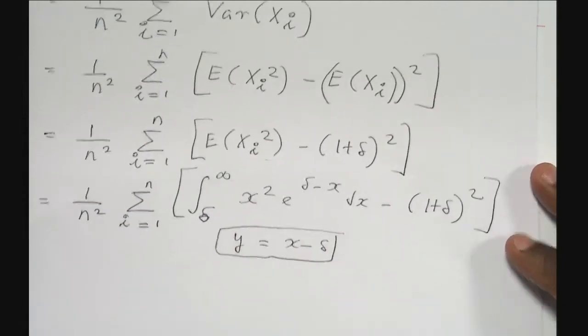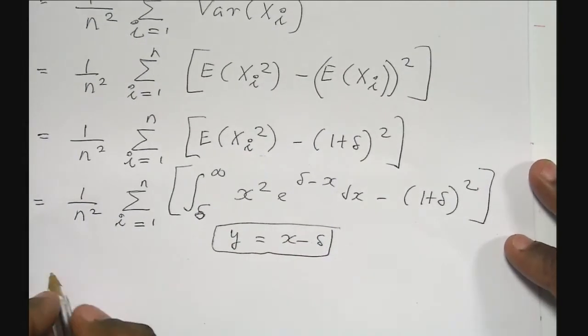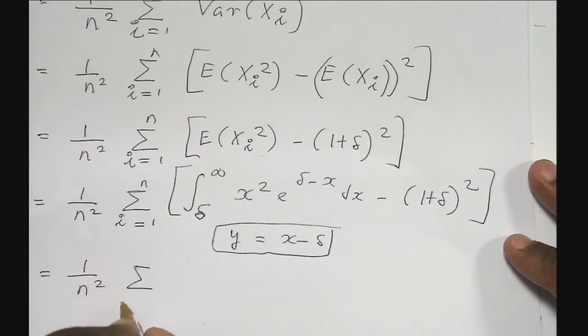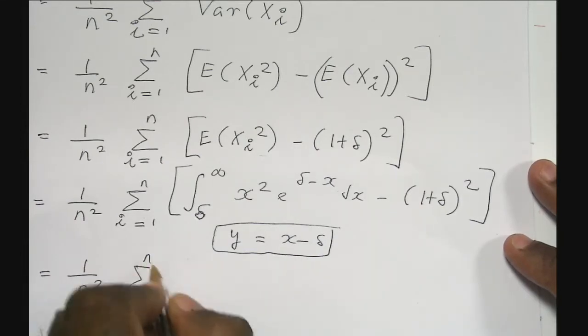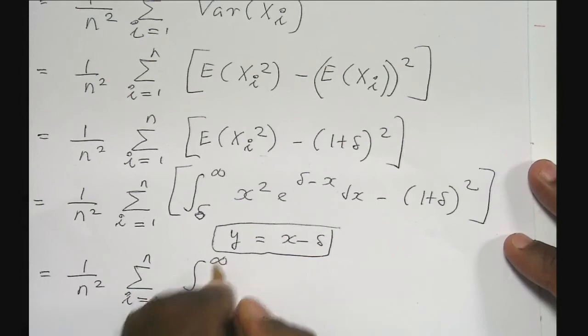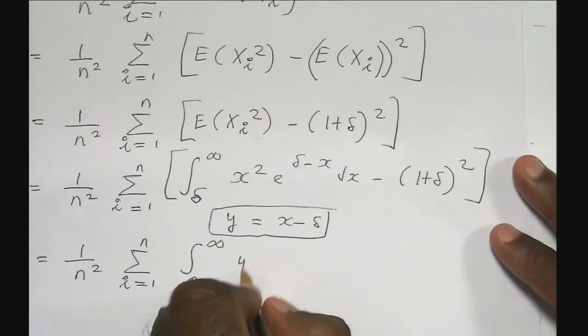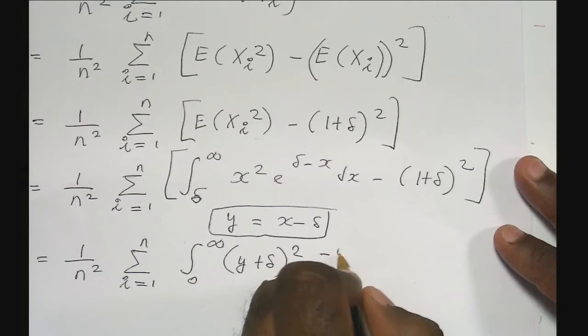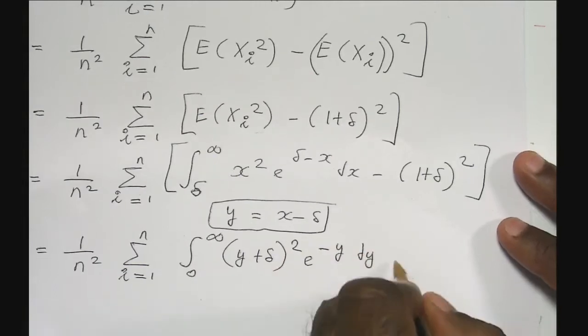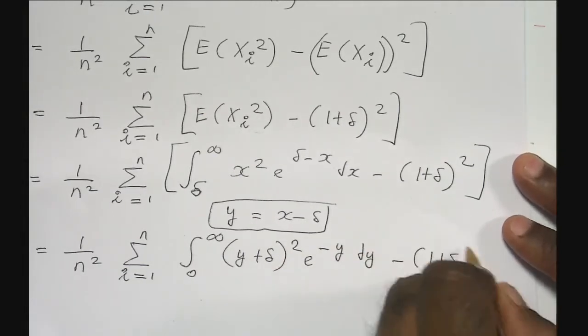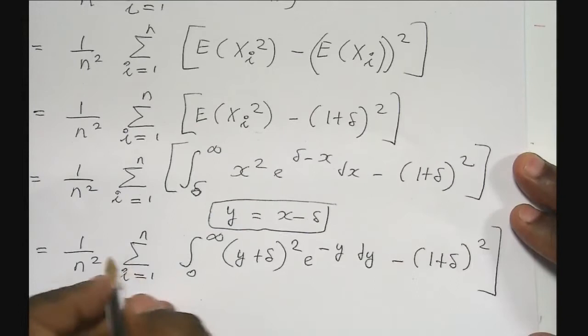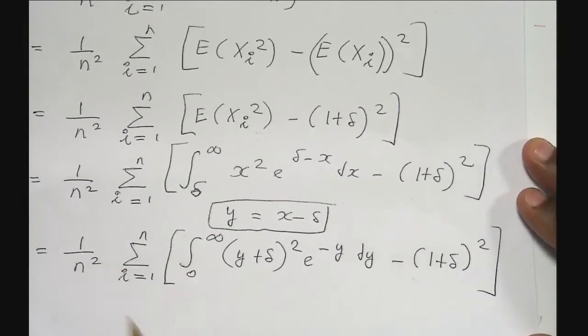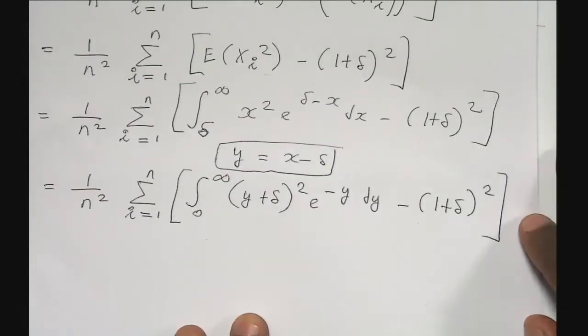You should make the same substitution as before, guys. You will get... I know the calculation appears lengthy, but once you get used to this, you can do it in a minute.